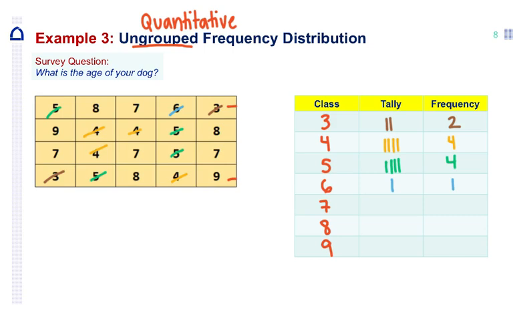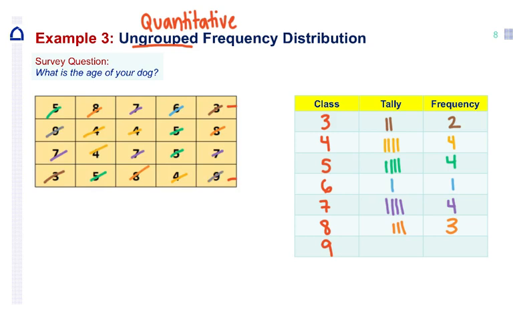And how many dogs were aged 7? Let's get a new color. 1, 2, 3, 4. How many dogs were aged 8? 1, 2, 3. And lastly, how many dogs were aged 9? I see 2.